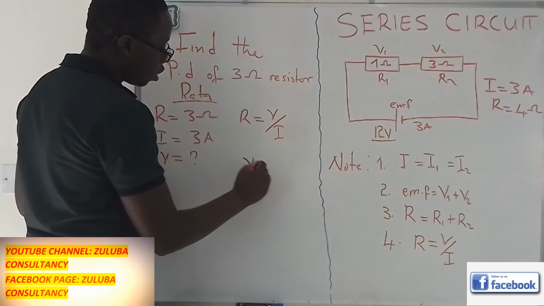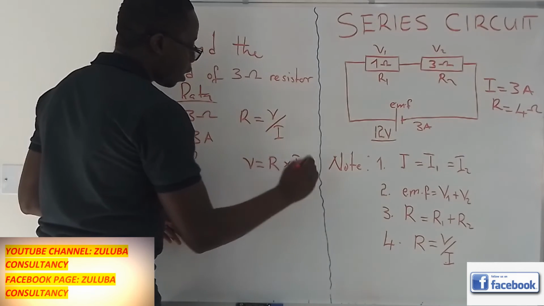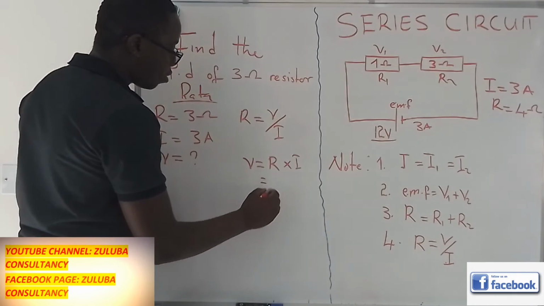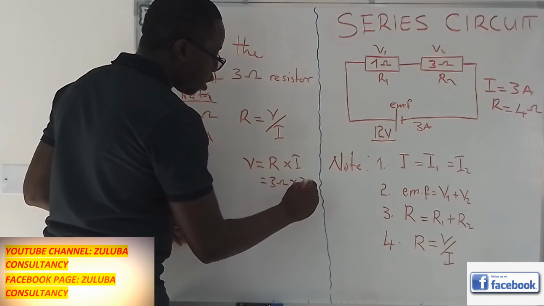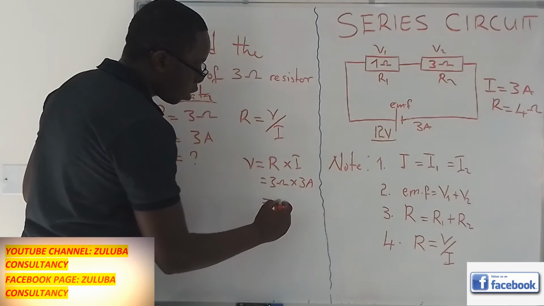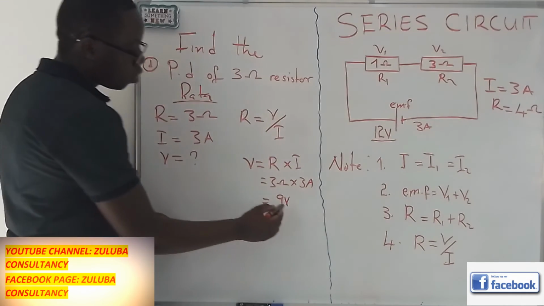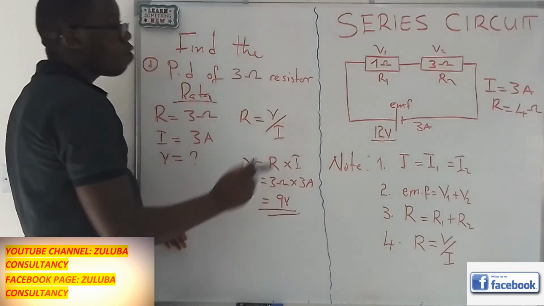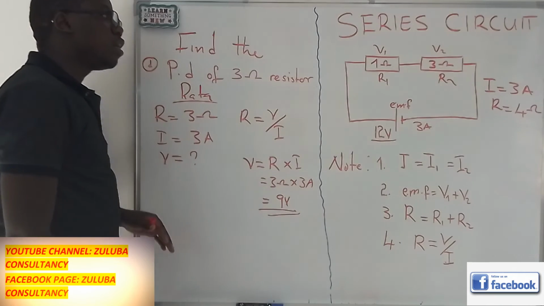So voltage is equal to resistance multiplied by current. The resistance is 3 ohms, the current is 3 amps. So 3 multiplied by 3 gives us 9 volts. So this becomes the voltage that is passing through the second resistance.